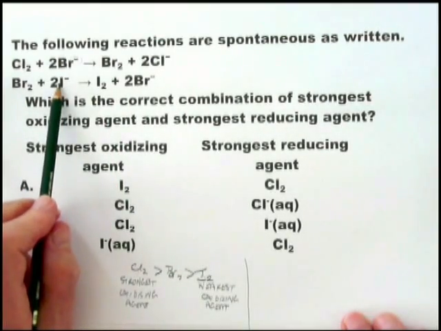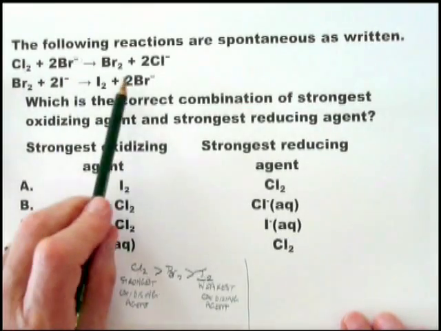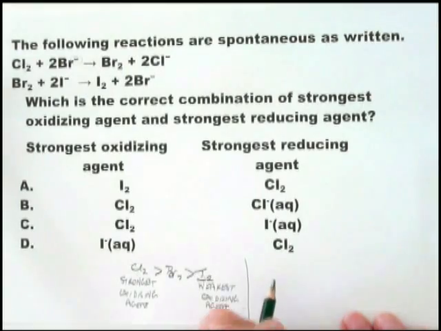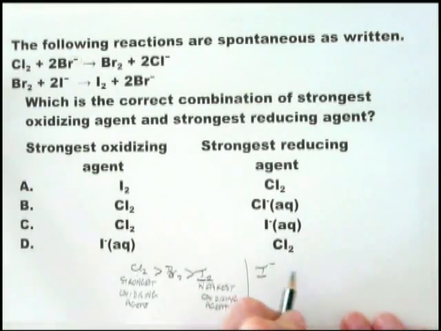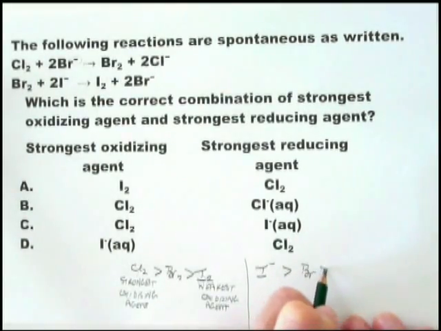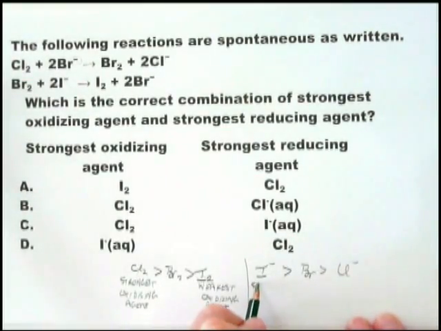And here we can see that iodide ion is more powerful than bromide ion as a reducing agent. So the iodide ion is more powerful than the bromide ion, which is more powerful than the chloride ion. So that's the strongest reducing agent, and chloride ion is clearly the weakest.